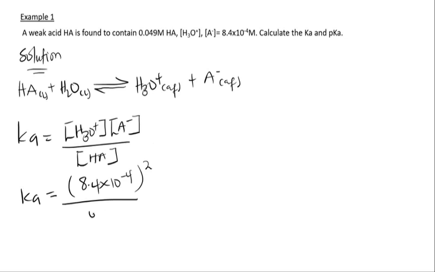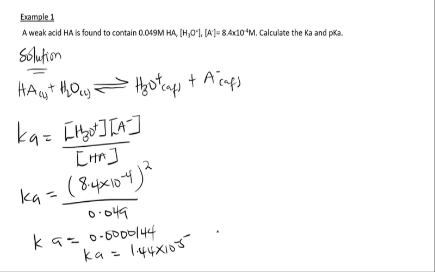So we have 0.049 over here. So our Ka will be equal to 0.0000144, or our Ka is equal to 1.44 times 10 raised to the power minus 5.